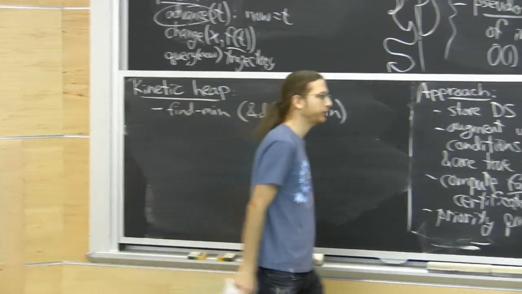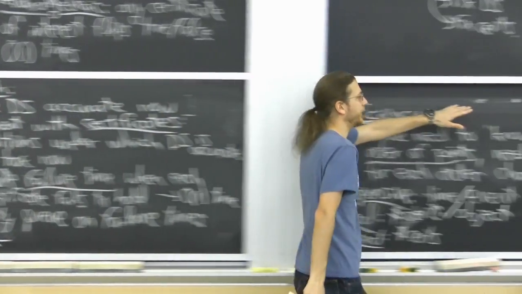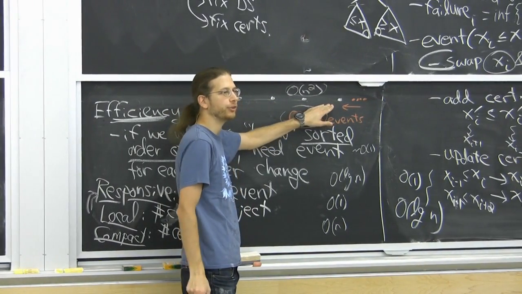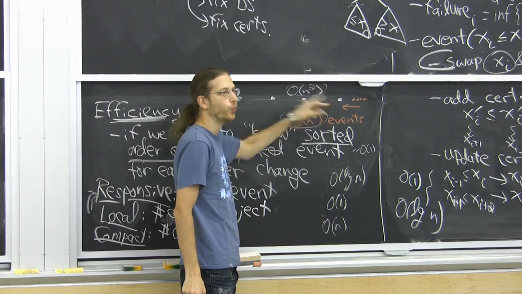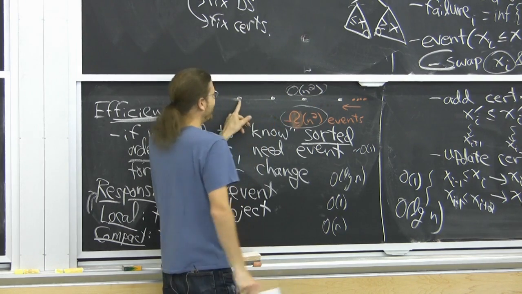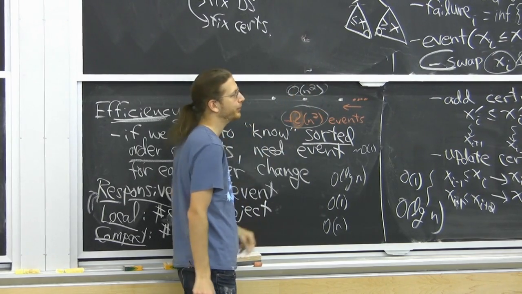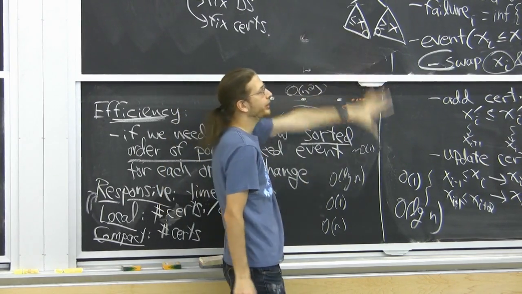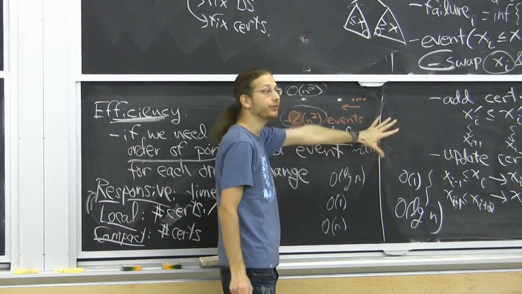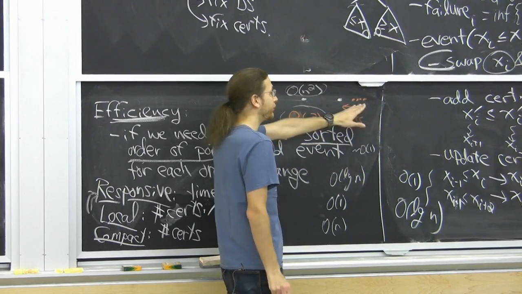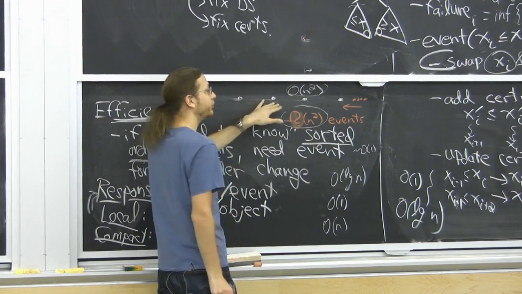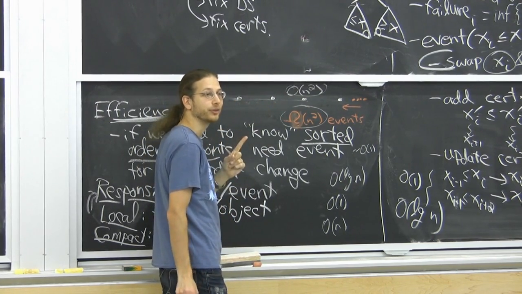Now, if you look at this point set and their velocities, how many times does the minimum change? Once. Initially, the min is this. Eventually, the min will be this. One change to the minimum. So this data structure is a bad way to maintain the minimum. Yes, it does maintain the minimum, but it's going to spend a quadratic number of events in this situation where the min only changes once.